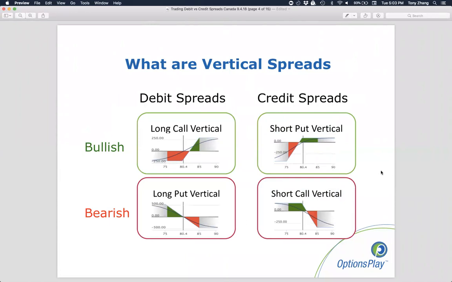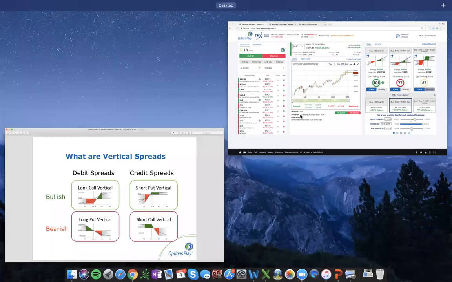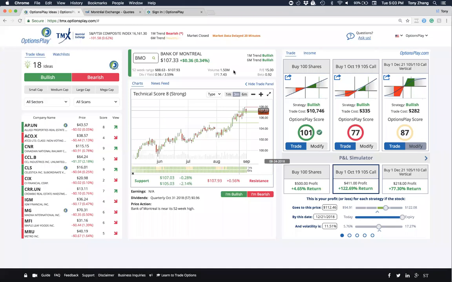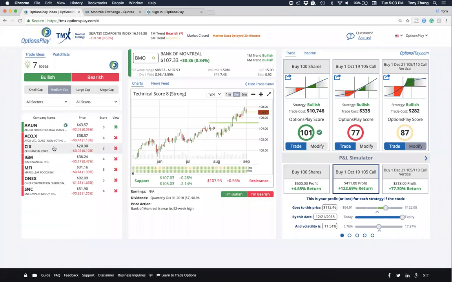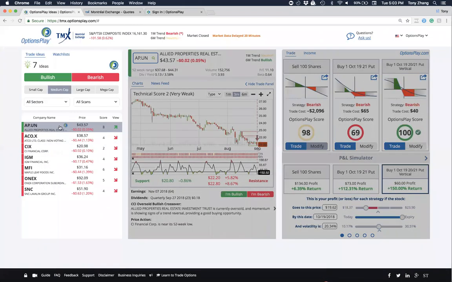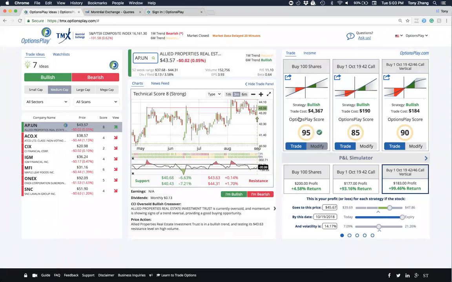How much volume should your stocks have for trading spreads? Really good question. The question was, how much volume should the underlying stock have before you take a look at spreads? I would say the best indicator, in my opinion, is that you don't necessarily have to look at the volume. You can just look at the OptionsPlay scores of the options that you're trading. So on the smaller cap names, let's see. Here, this looks pretty good. You get yellow scores across the board, telling you that there's a decent liquidity.